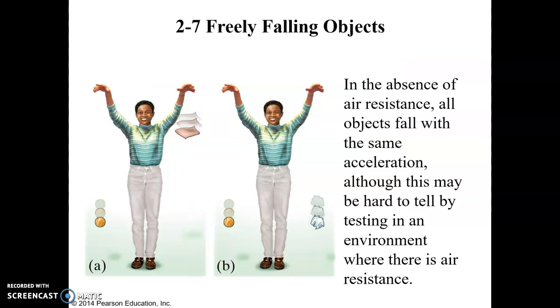All right, moving on. So, like I said, Galileo proved that an object falls at the same rate regardless of its mass. The reason why so many people don't believe this at first is because of air resistance. If you take a ball and a sheet of paper and you drop them both, the ball falls to the ground much faster. And so people tend to think that it's because the ball is heavier.